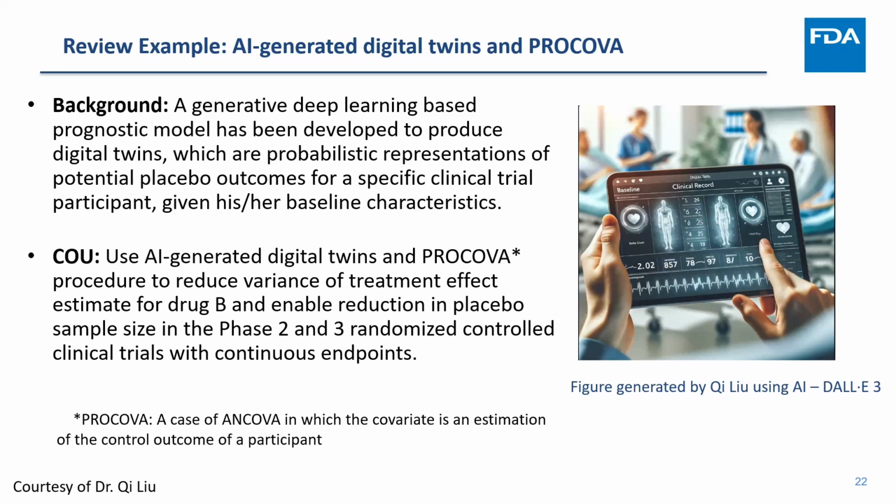The model will predict the natural disease progression under a placebo. So basically they use their model to generate a new score. The score is called the prognostic score. And they use that score in the covariate adjustment. That's a novel part of this submission.